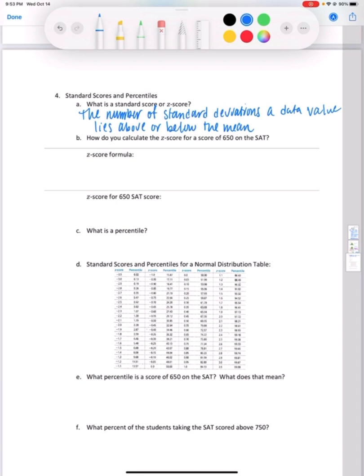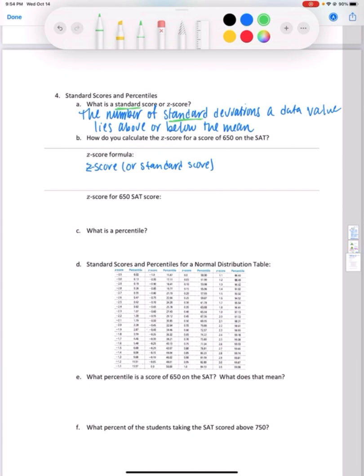So how do you calculate the z-score for a score of, say, 650 on the SAT? We can see how many standard deviations it is above or below the mean, and then we can see what percent of the people scored above it and below it. So we're going to use a formula, the z-score formula. Note that we're using standard deviation and standard score, so that's the connection.